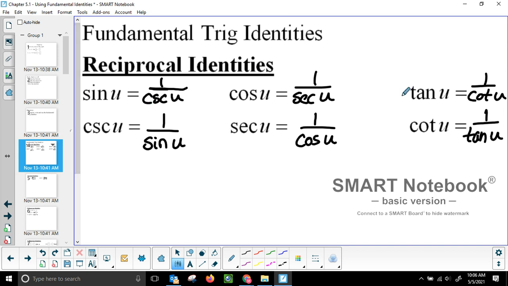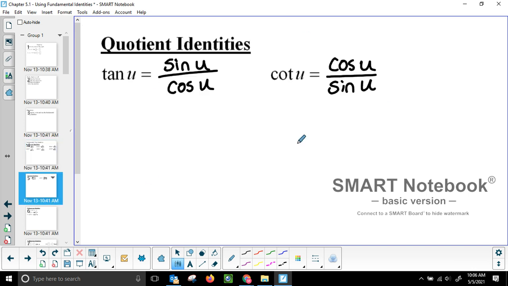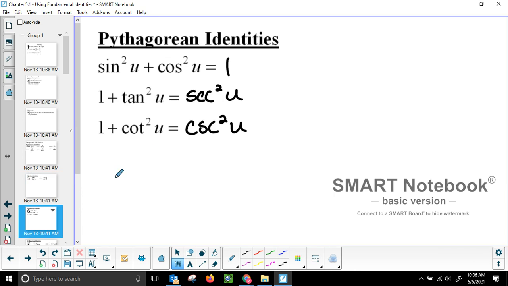So, of course, all of our reciprocal identities, our quotient identities, our Pythagorean identities. These are the ones that are used most heavily. All those three: reciprocal, quotient, Pythagorean.